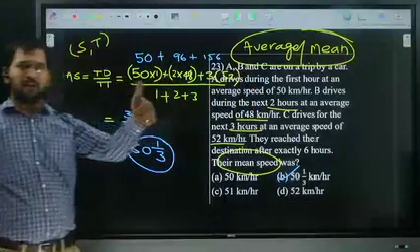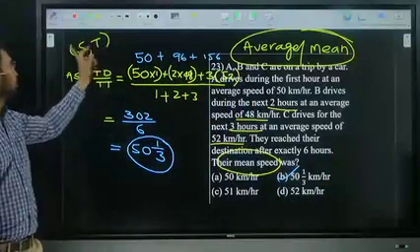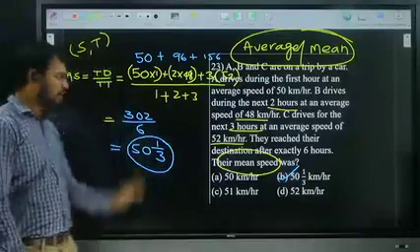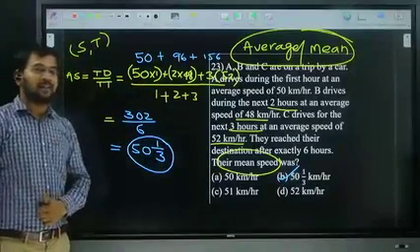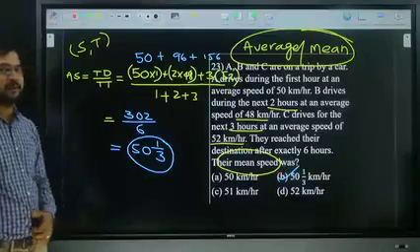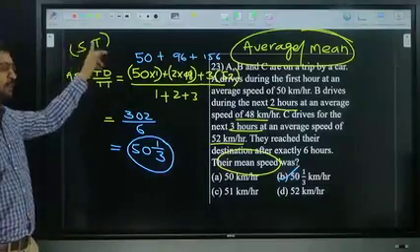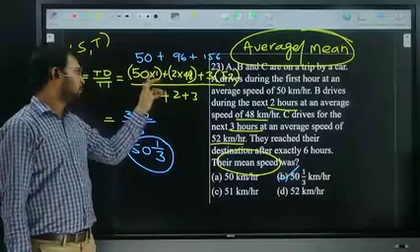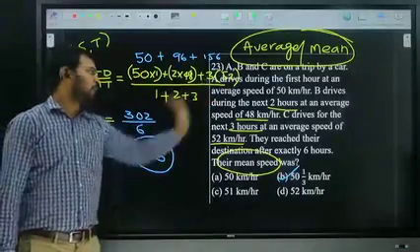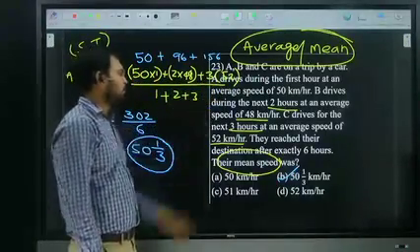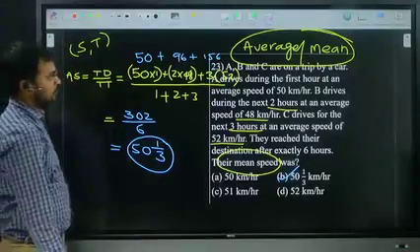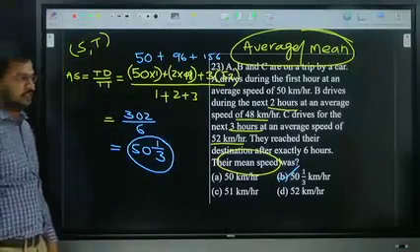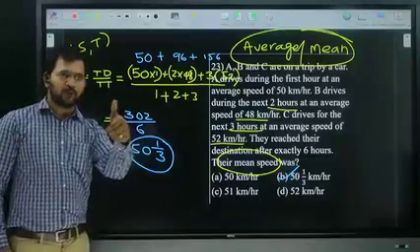This is the speed to time case, type 3. Whenever they give speed and time, we go for average speed, which is total distance by total time. Are you understood?